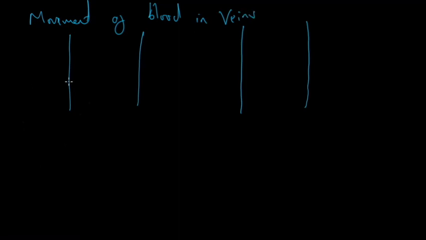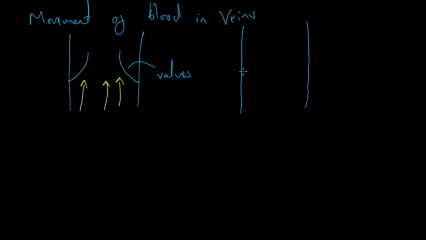So we have what you call valves here. These are valves. I should be using a different marker here, but yeah. When the blood is flowing in this direction, these valves open up. They actually serve a very simple mechanical function.